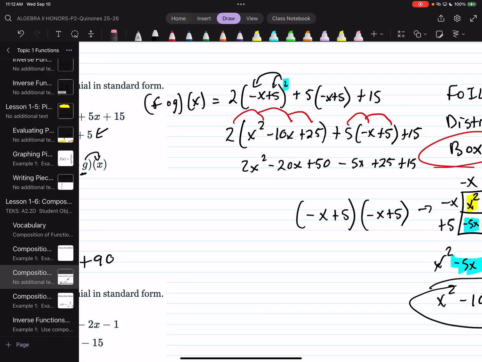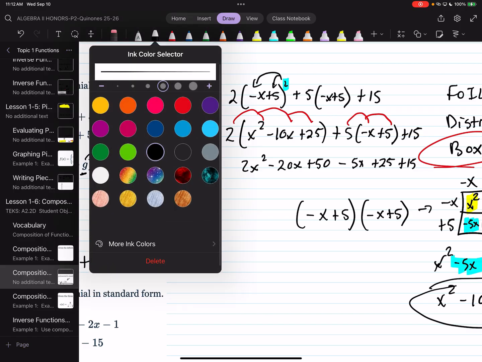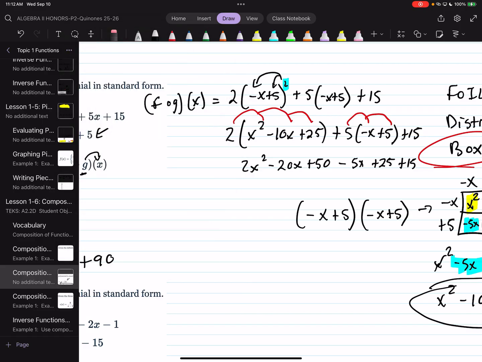So here's how I like to do this, everybody. I like to see if there's any like terms. Are there any x squareds besides that one? No. So this will equal 2x squared. I'm just going to cross it off because I know I'm done with it. Are there any terms with an x to the 1 power? Yes, there's that one and this one. So this turns into negative 25x.